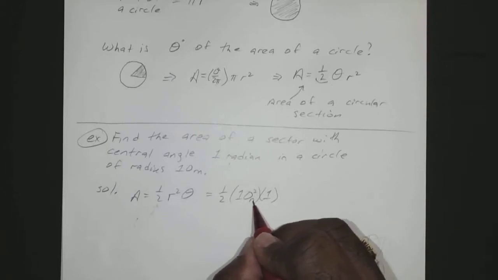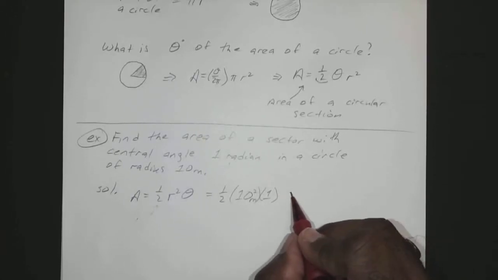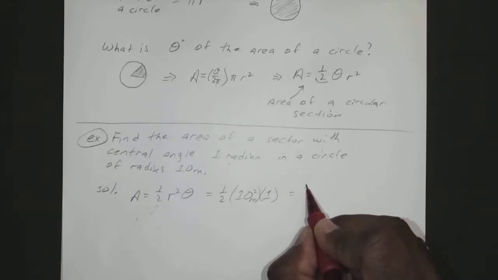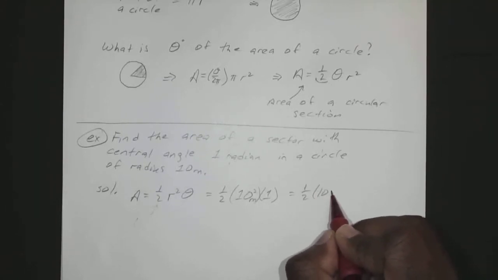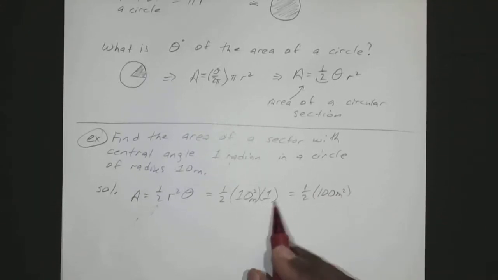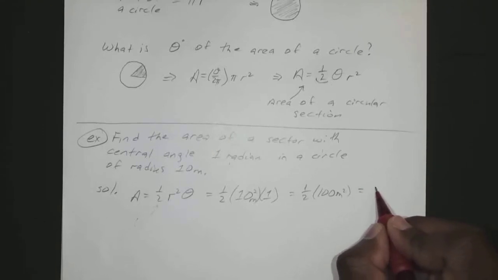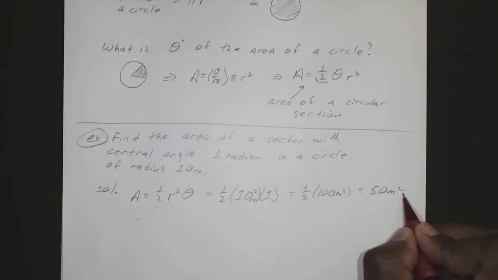Actually, that's 10 meters squared, which would be 1/2 times 100 square meters times 1, which is just 50 square meters.